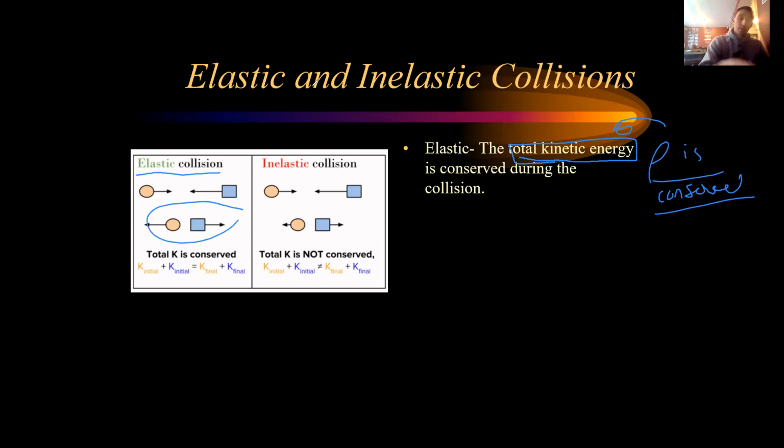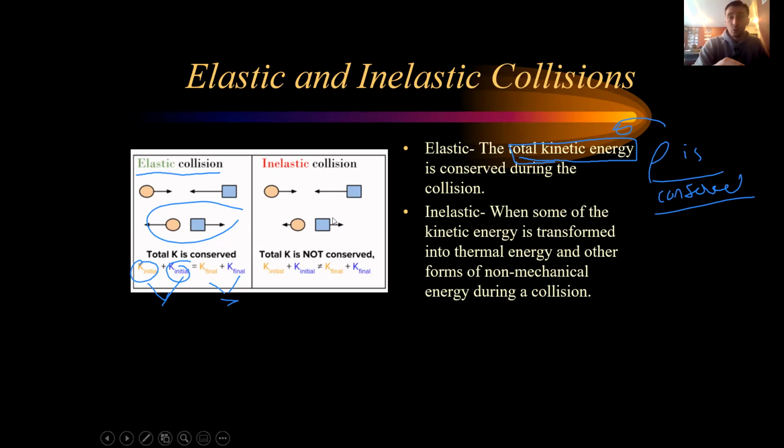They're going to break apart and hit off and go other ways, all right? So if you add the initial kinetic energy and total them up, that number will equal the total if you did it for the final. That's what total kinetic energy means. It's conserved. The next one we have is inelastic.